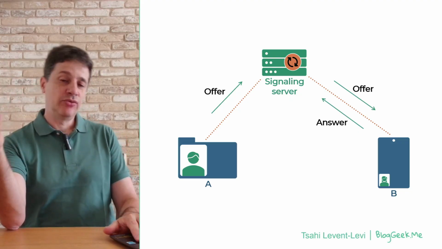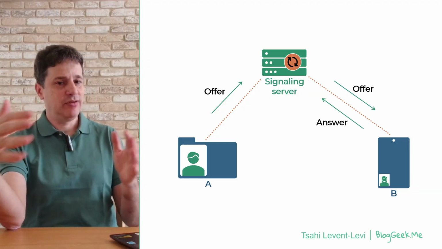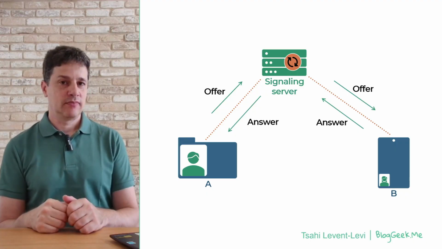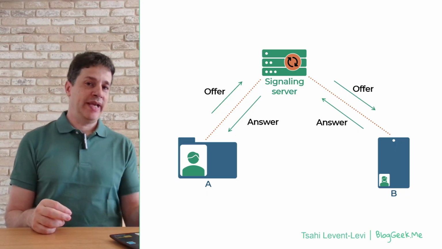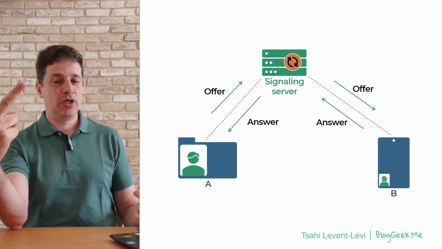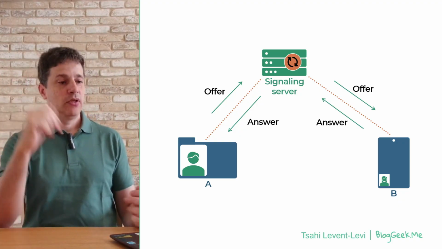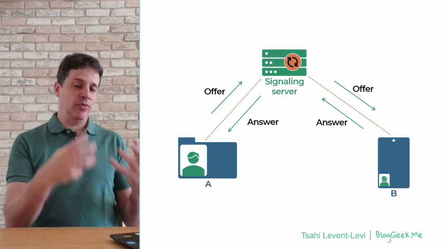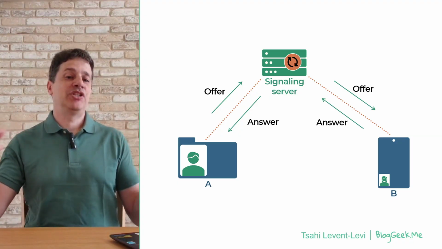The signaling server receives the answer, checks whatever he wants about that, and then he sends that to A. At this point, both A and B have two SDP components, or two SDP blobs, of the offer and the answer. They now use these SDP blobs in order to make magic happen.